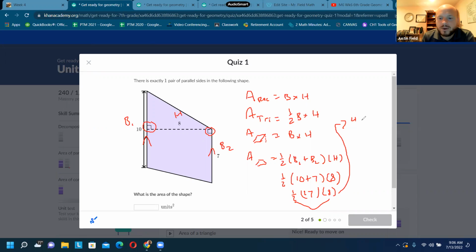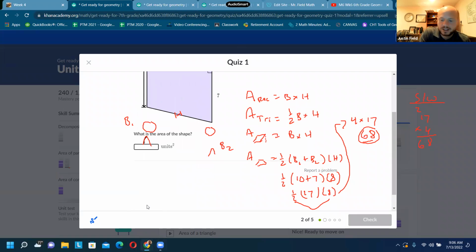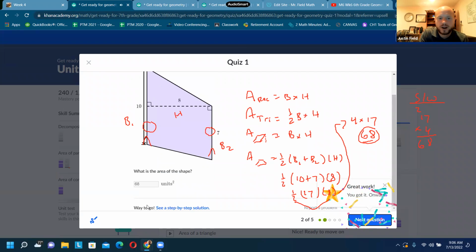So then I'm going to write 4 times 17. And I'll do that over to the side. 4 times 17 is 28, 4 times 1 is 4 plus 2 is 68. I always do my side work over to the side and then put my next simplification underneath. So the area of this shape is 68 units squared.